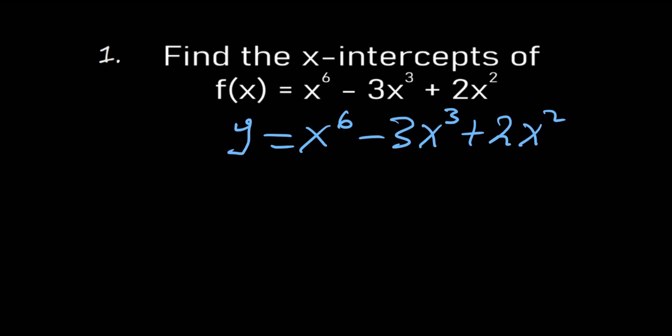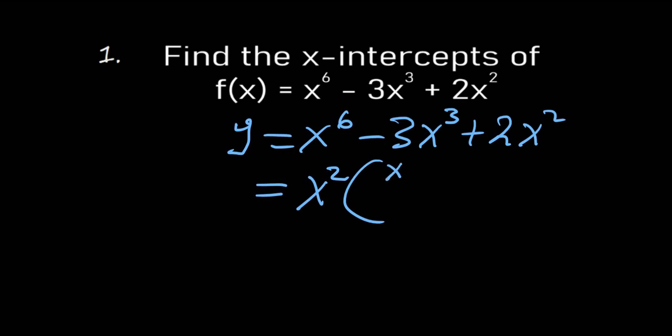Next, we have to find the GCF of these three terms. And I'm sure you are familiar with how to find the GCF of different terms. So the GCF of these three terms would be x squared. So we have to divide each of the terms by the GCF.